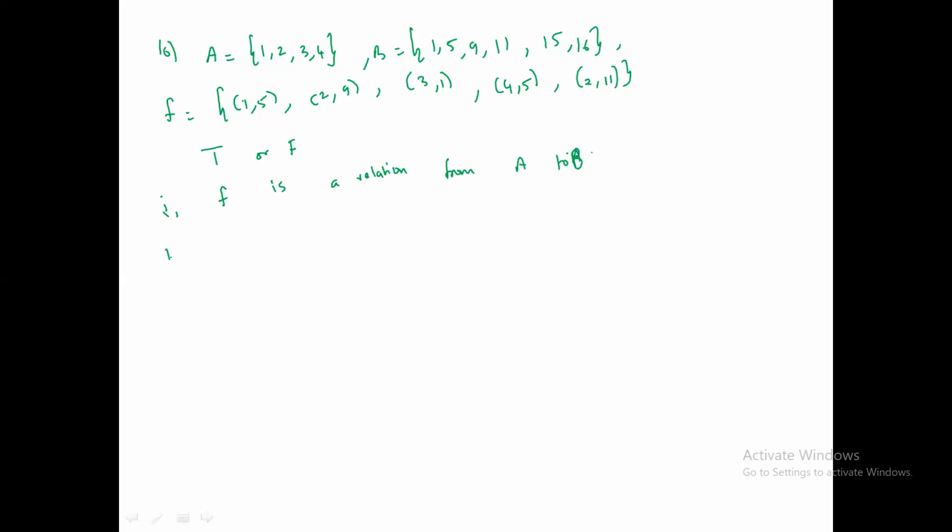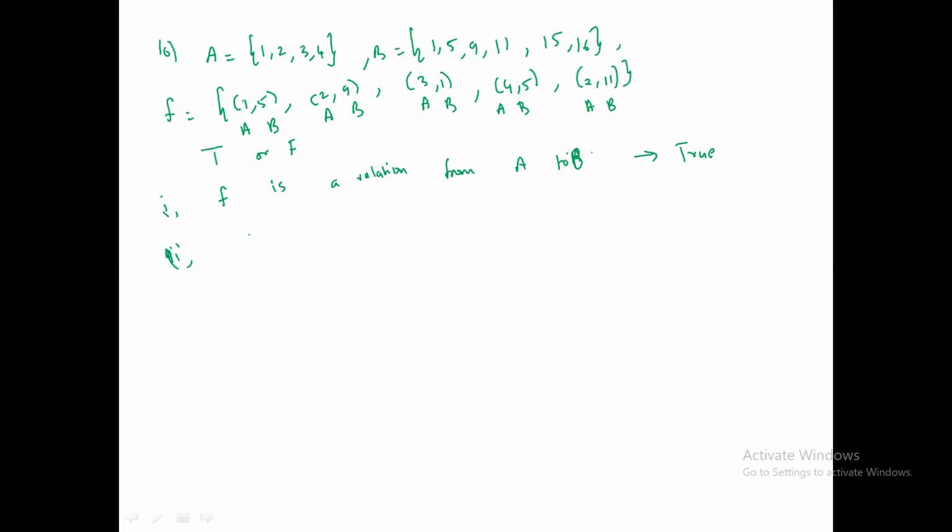First we will see whether it is true or false. 1 is there in A, 5 is there in B. 2 is there in A, 9 is there in B. 3 is in A and 1 is in B. 4 is in A, 5 is in B. 2 is in A and 11 is in B. So this is true.